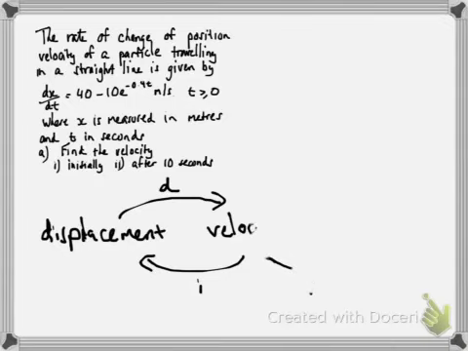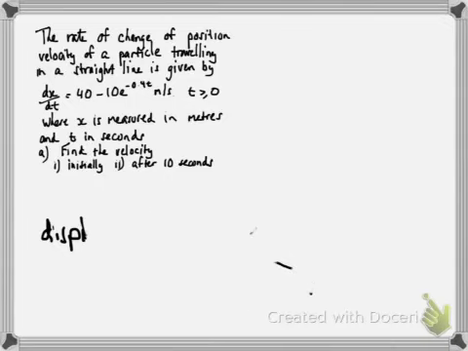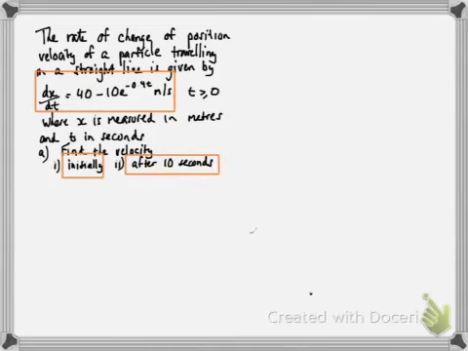So let's look at this question though, because for the first part we don't really need to know that. We're just finding the velocity, and our equation for velocity is that one there. We're finding the velocity initially and then after 10 seconds. So let's look at velocity initially. We've got our equation dx/dt, but we can almost call it v for velocity, same thing: 40 minus 10 e to the negative 0.4t.